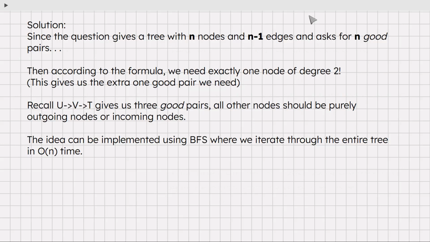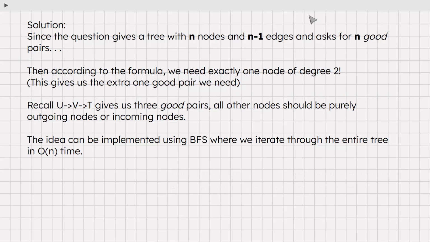Right now, we have n good pairs because we have a degree 2 node, we have one incoming edge, one outgoing edge, and the extra pair of good nodes provided by the path from the one neighbor to the middle node to the other neighbor.